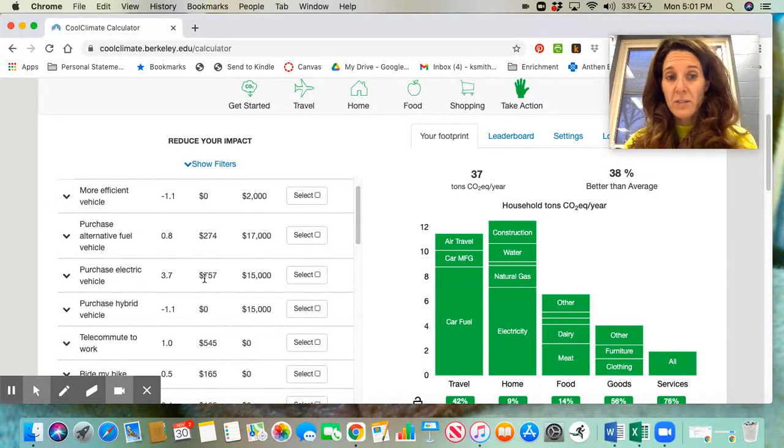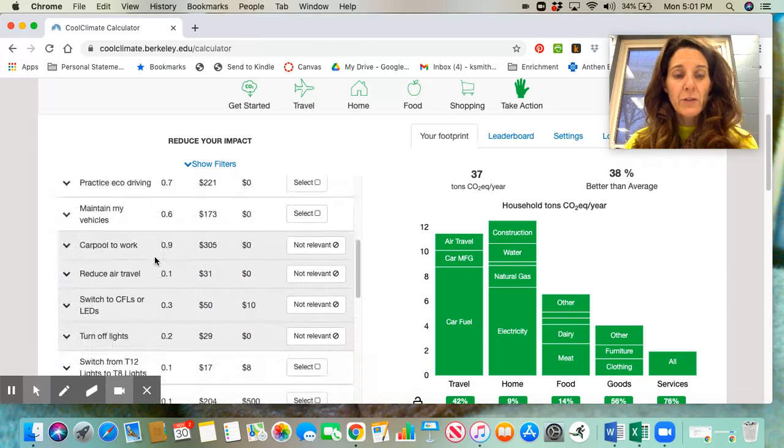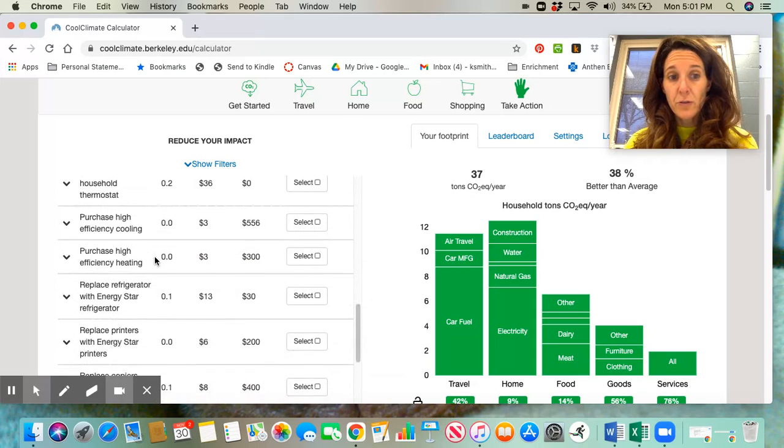They would save $757 a year, but they would have to pay $15,000 up front for the new car. So maybe a family would, if they have $15,000 or they want a new car, that could be a new option. It could reduce their amount of carbon, save them a little bit of money, but they've got to spend money up front. And if you scroll down, you see you have a bunch of options to choose from.